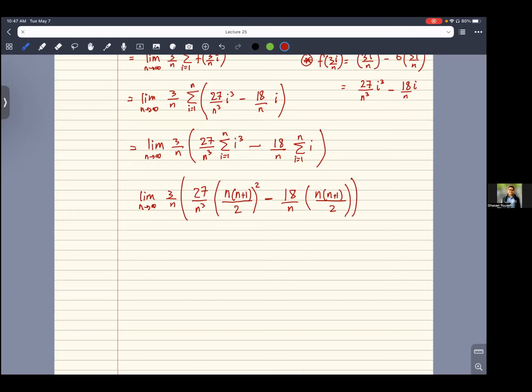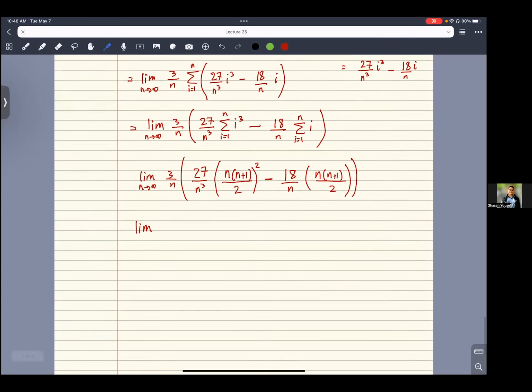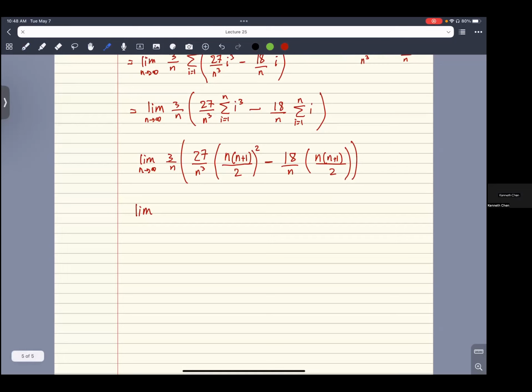Okay, I'm going to simplify everything now. I have something I saw before. So now I'm going to distribute the 3 over n inside the parentheses. Here I'm going to expand these things, distribute, and simplify everything. So this is the same as the limit. What is 3 times 27? It is 81.